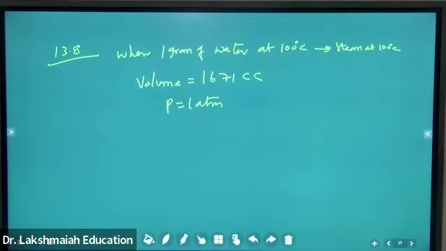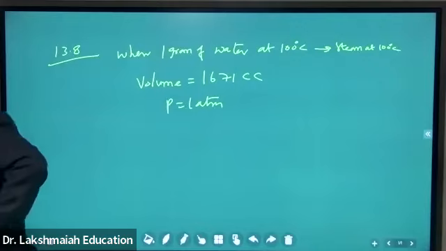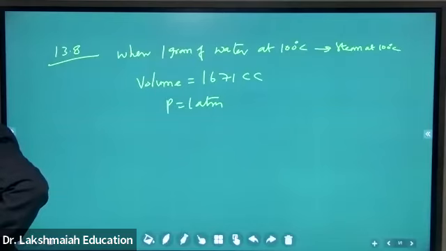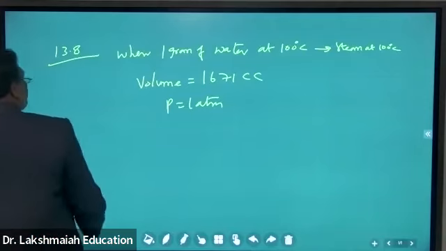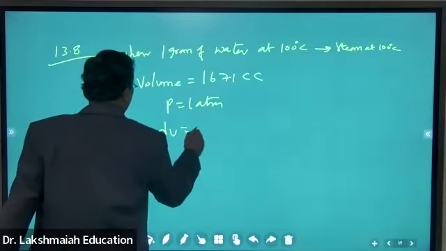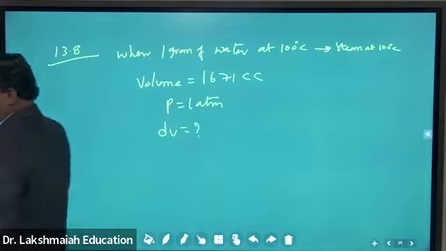Full stop. Find the increase in internal energy of the molecules of steam. dU we have to find out.